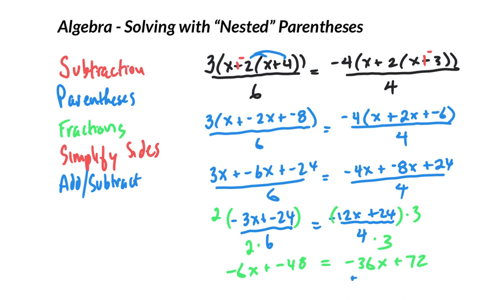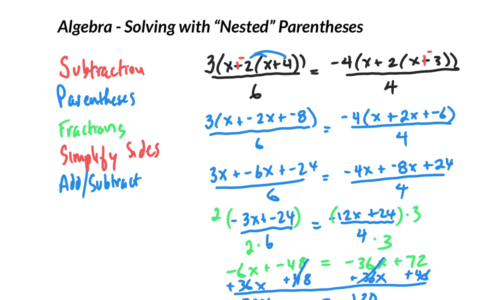I'm going to add 36x to both sides so that on the one side it's gone. And the other side, negative 6 plus 36 is 30. I'm going to add 48. Like that. 72 plus 48 is 120.